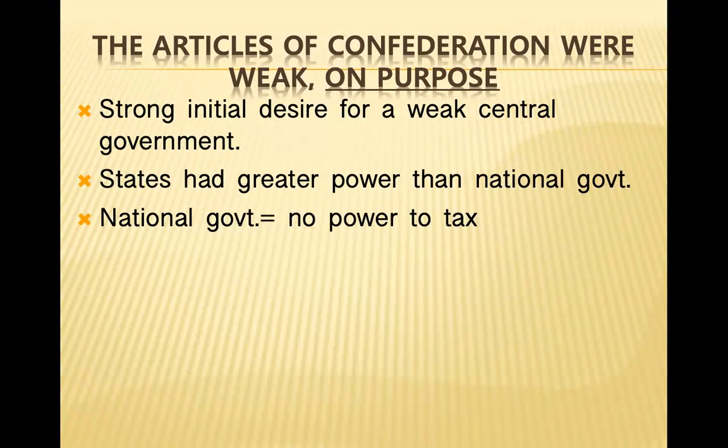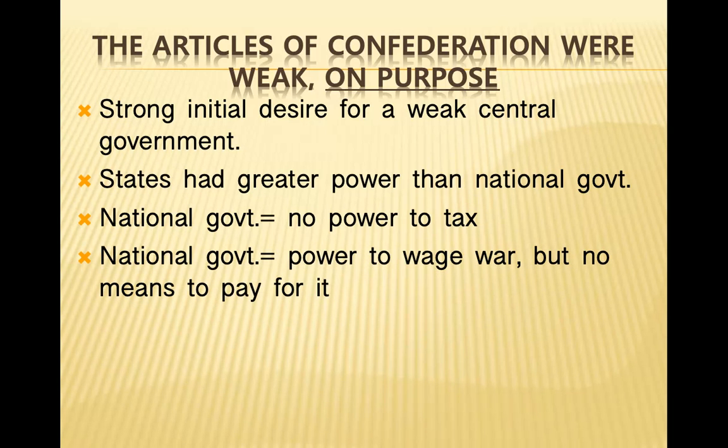And as a result, the national government had no power to tax people. And because the national government had no power to tax, it had no power to wage war.